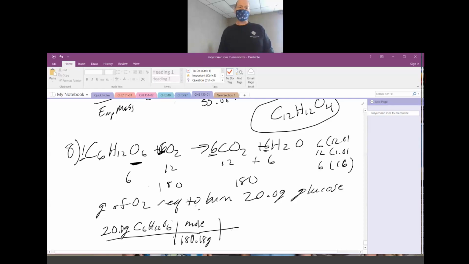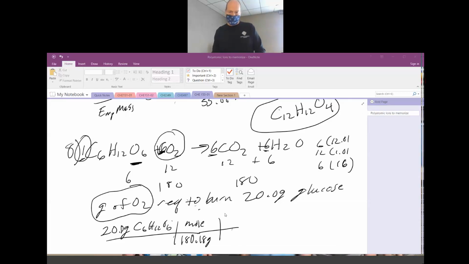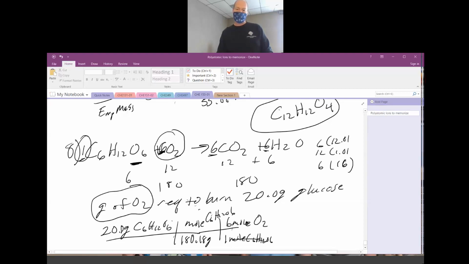All right, and so it asks for grams of oxygen. And so this is the mole ratio that we need. The mole ratio, so this is the molar mass of C6H12O6. And so we know that 1 mole of C6H12O6 reacts with 6 moles of oxygen. So the moles of glucose cancel the moles of glucose. It didn't ask for how many moles of oxygen, it asked for how many grams.